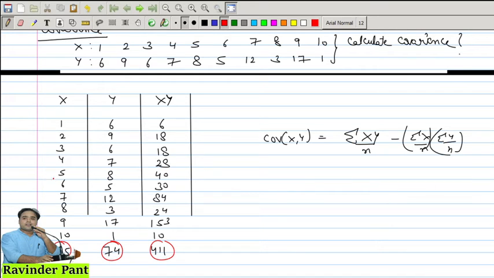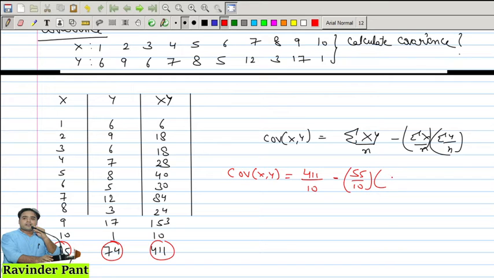we have the value of n, so we can easily get the value of covariance by simply putting these values into the formula. It says covariance of x and y will be your 411 divided by, how much is n? This is 10, clearly visible, and this is 55 by 10, mean of x.